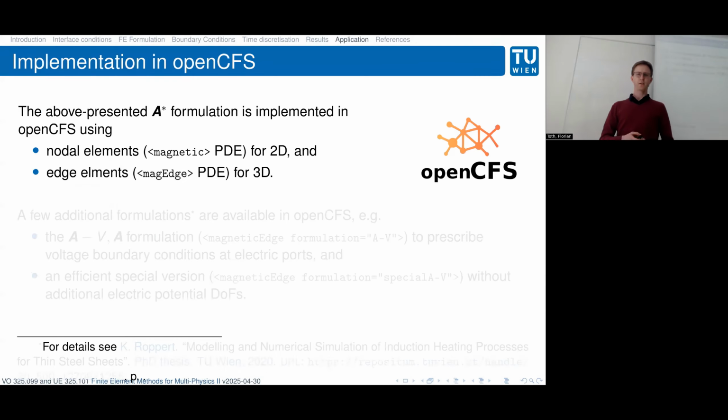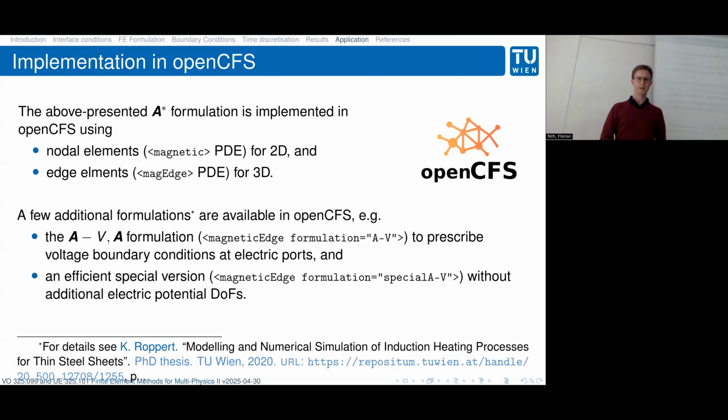In openCFS, we have several magnetic formulations implemented. One is the nodal elements, so the magnetic PDE, which is useful for 2D and axisymmetric cases, and the edge elements, so the PDE then is called mag edge for 3D cases, and some additional formulations are available in openCFS, for example, the AV formulation.